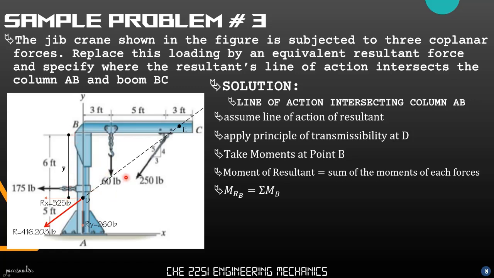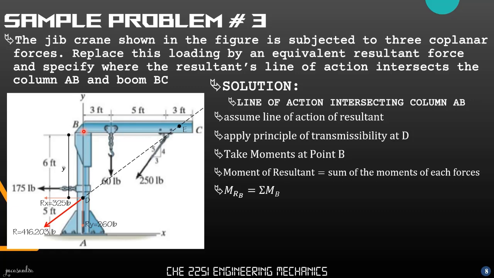We have 60, distance 3 feet. And we have the vertical component of 250, 8 feet. For Ry, it will not be included as it passes through point B.